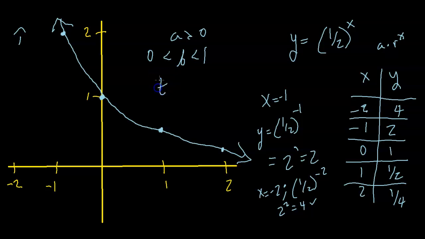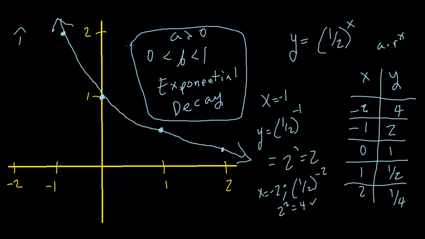You're dealing with exponential decay. Okay, you're dealing with exponential decay. And doesn't it make sense that if you have a positive ratio that is smaller than 1, the value of your function is going to decrease exponentially, right? It's going to decrease very fast and quickly become very, very small, right?